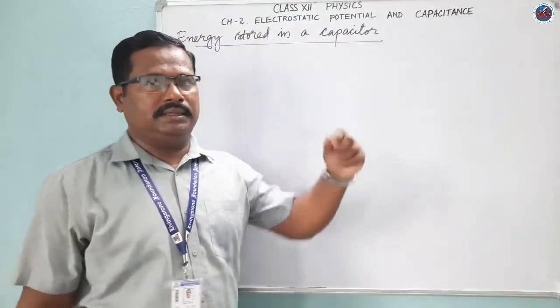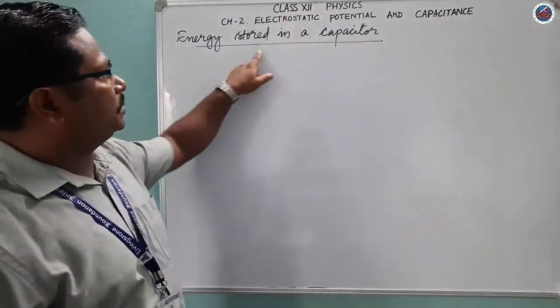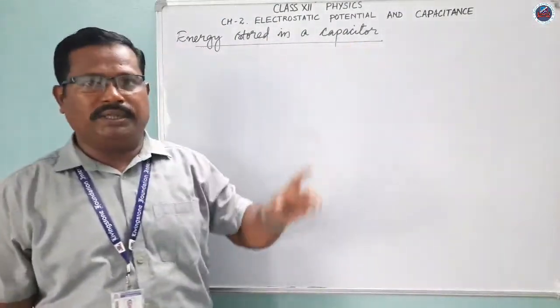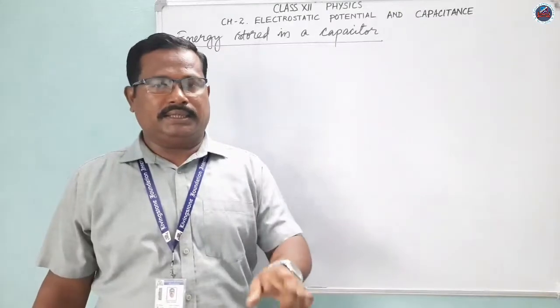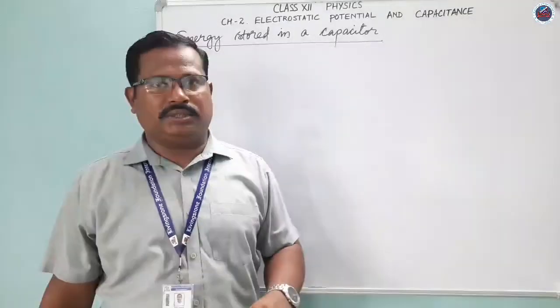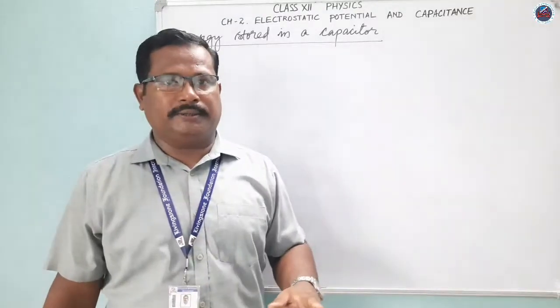Now let us discuss the energy stored in a capacitor. The energy stored in a capacitor is the total amount of work done in charging the capacitor to a given potential.